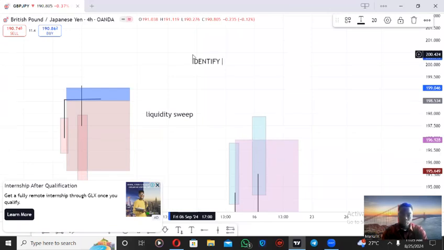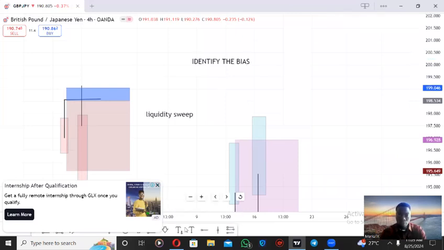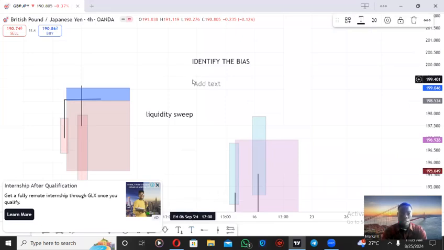So remember I said the first thing was identify the bias, and then secondly, find the sweep. Simple. Find the sweep of what? Liquidity.